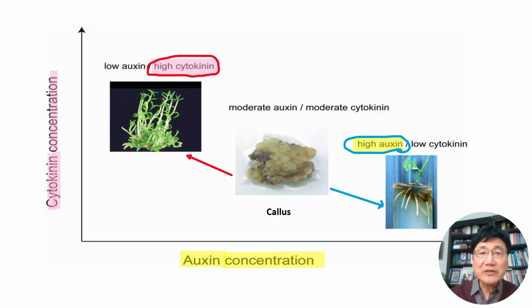This slide shows the organ formation from the callus according to the difference in the ratio of auxin and cytokinin concentrations. In short, hormone ratio determines organ fate. More auxin means root formation, more cytokinin means shoot formation. Callus is a mass of undifferentiated plant cells that forms at the wound site or in tissue culture.